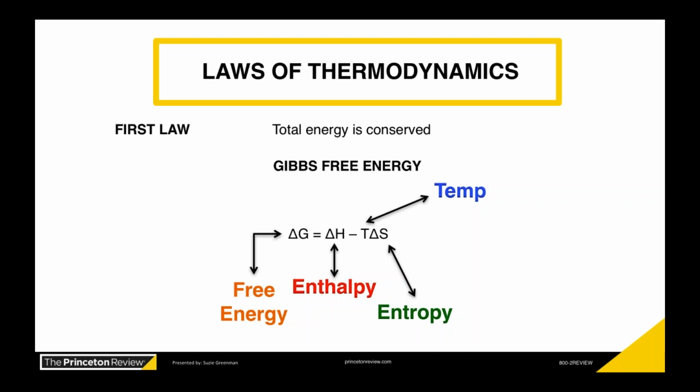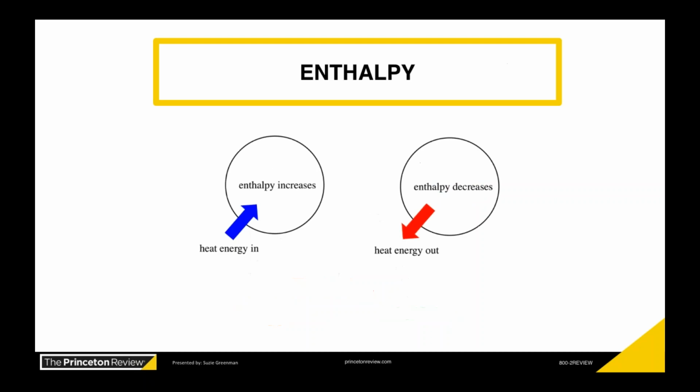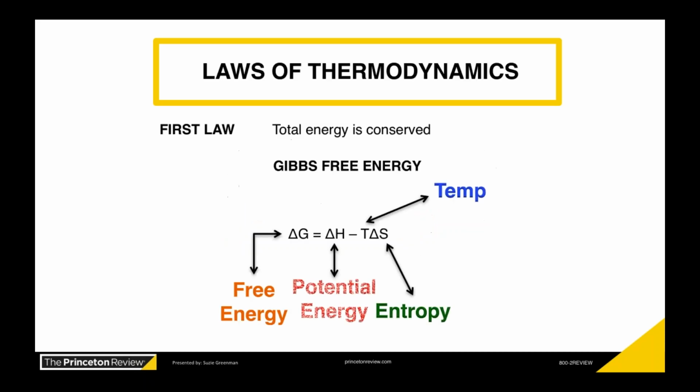So enthalpy, it's more of a concept that isn't really described well. We can think about it in terms of heat. When heat energy goes in, our enthalpy increases, and when heat energy goes out, our enthalpy decreases, but it's not really heat, right? It's about the energy conserved within the bonds. In fact, we can liken it to something like potential energy.